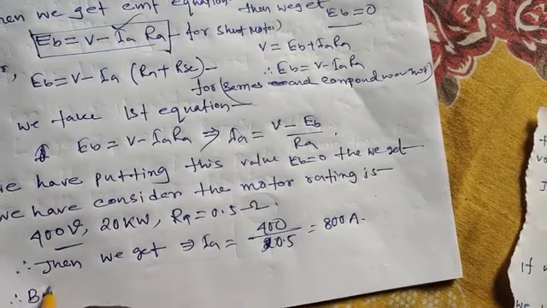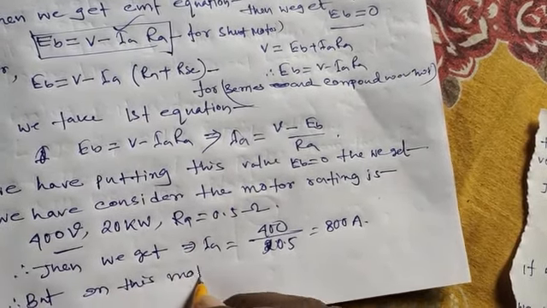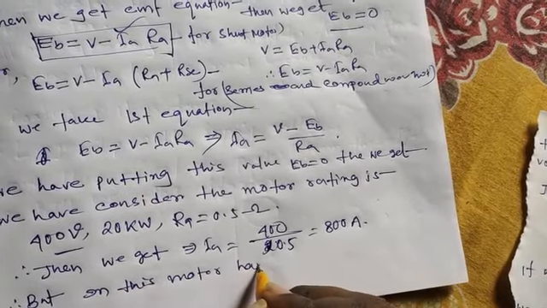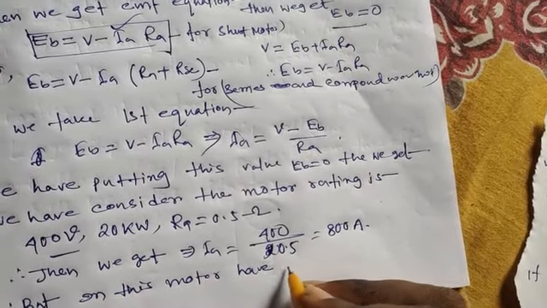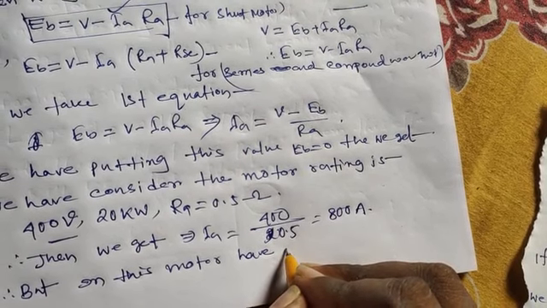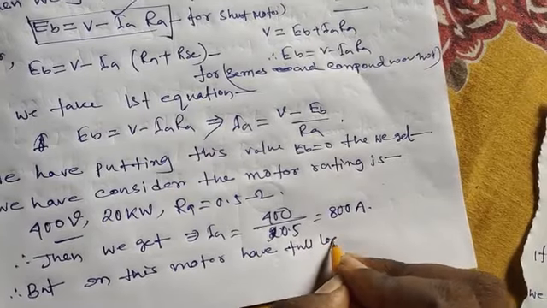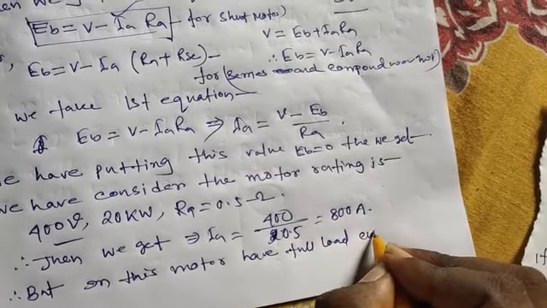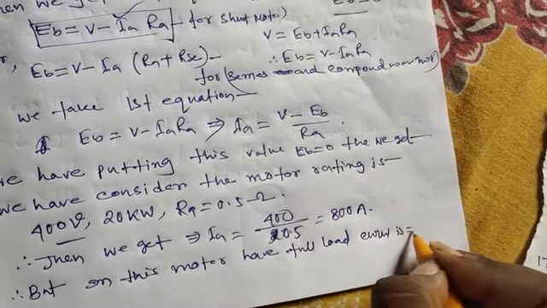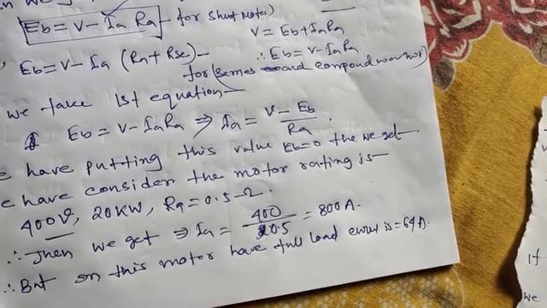But this motor has a full load current of 64 ampere. Okay, the starting current in the armature is 800 by 64, which is 12.5 times.